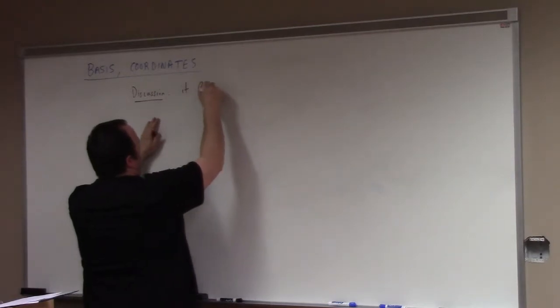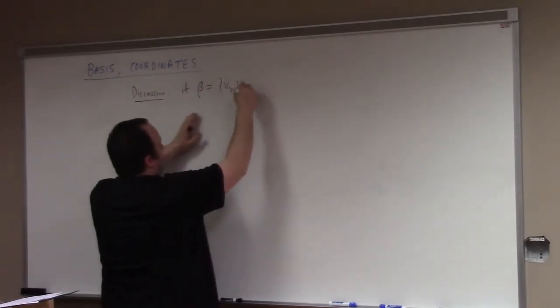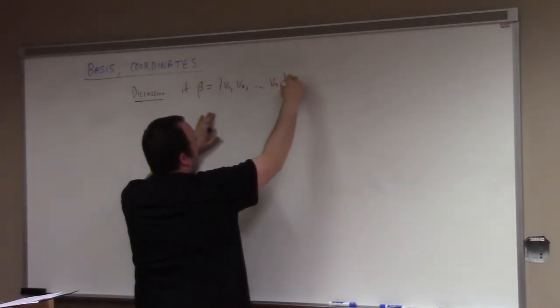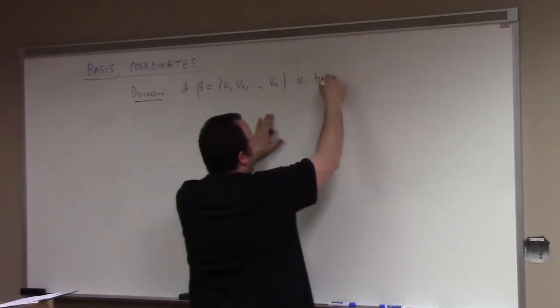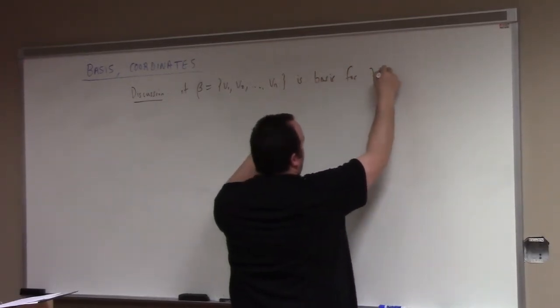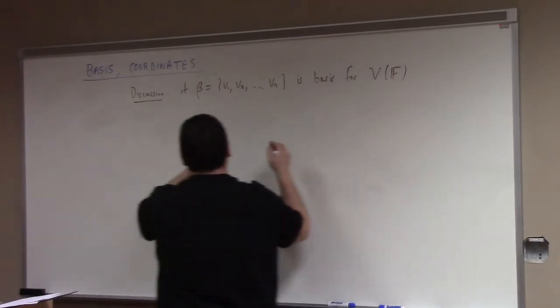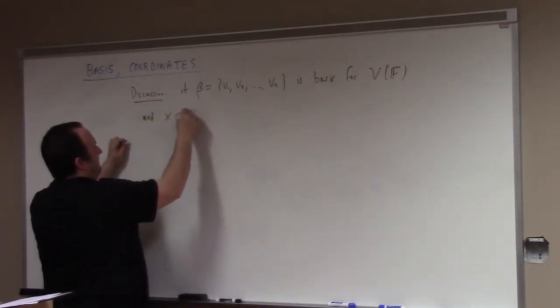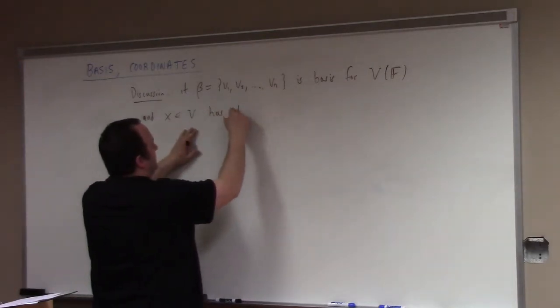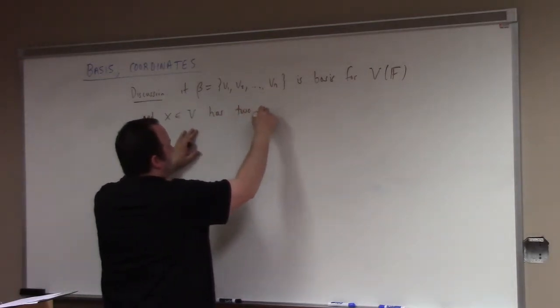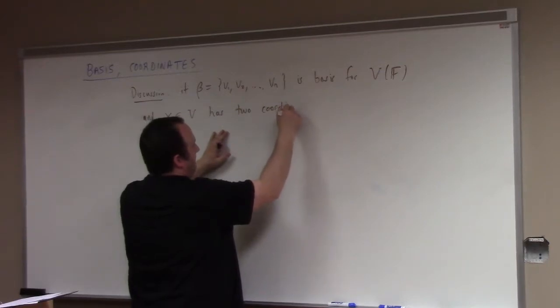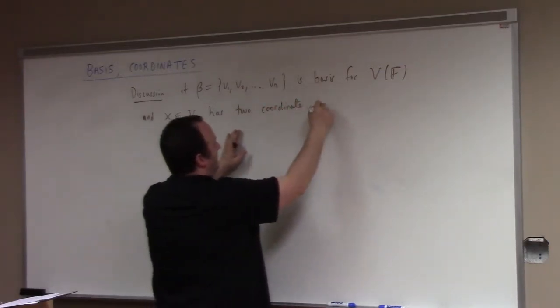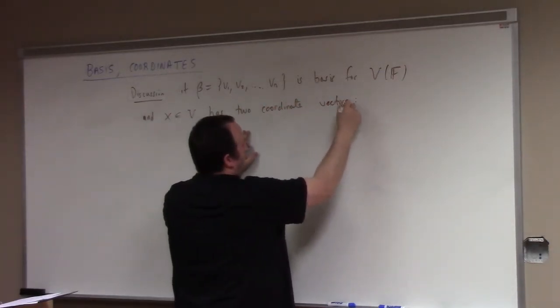If beta = {v1, v2, ..., vn} is a basis for V over F, and x in V has two coordinate vectors, so what would that look like?